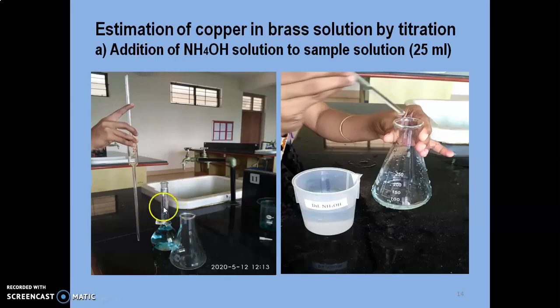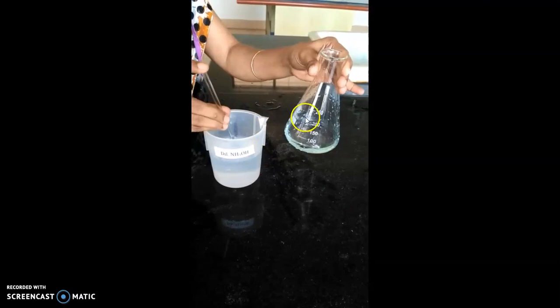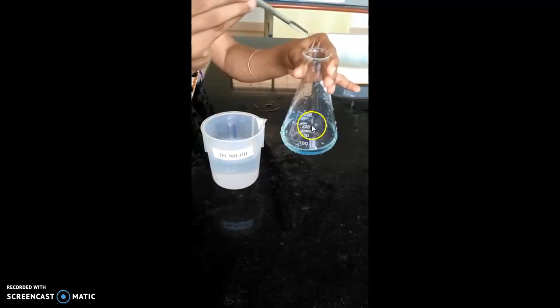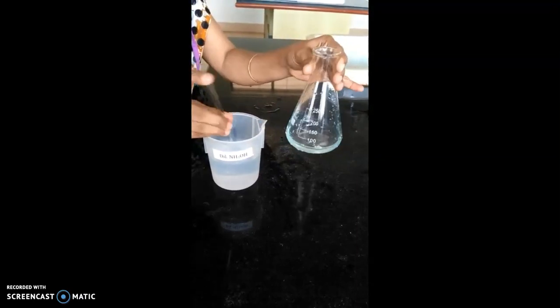25 ml of standard brass solution has to be pipetted into a clean conical flask. To it, NH4OH is added to neutralize the nitric acid. NH4OH is added until we end up getting a pale blue precipitate. So this is a light blue precipitate that has formed.